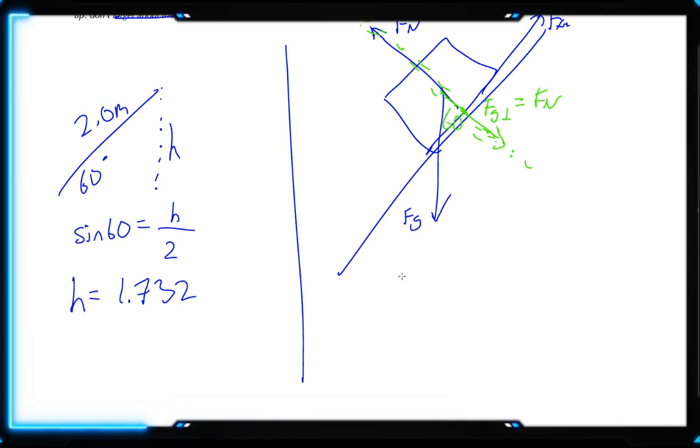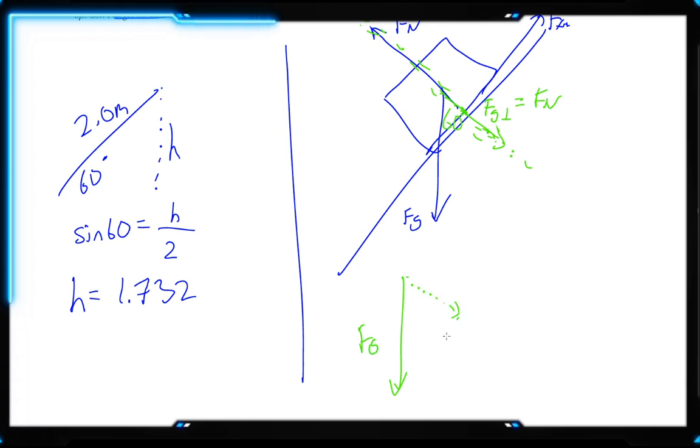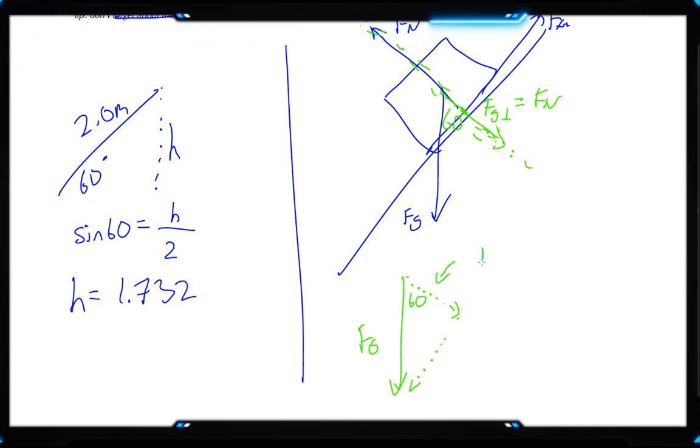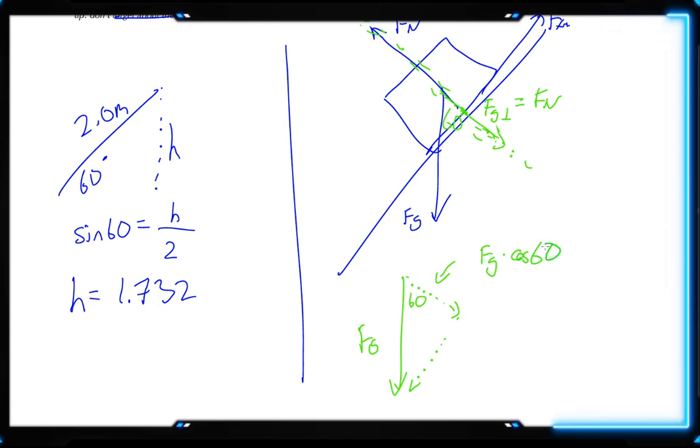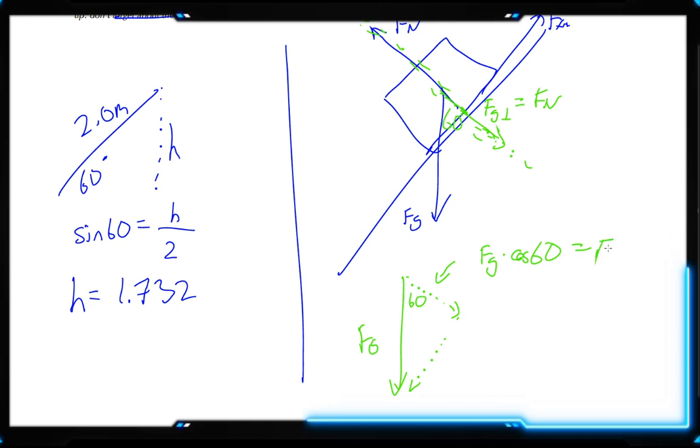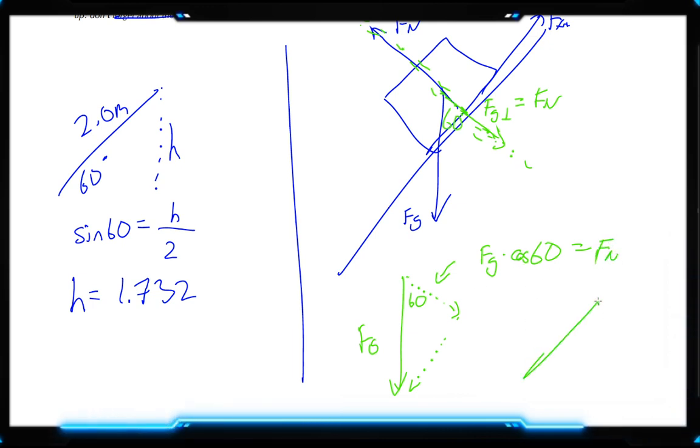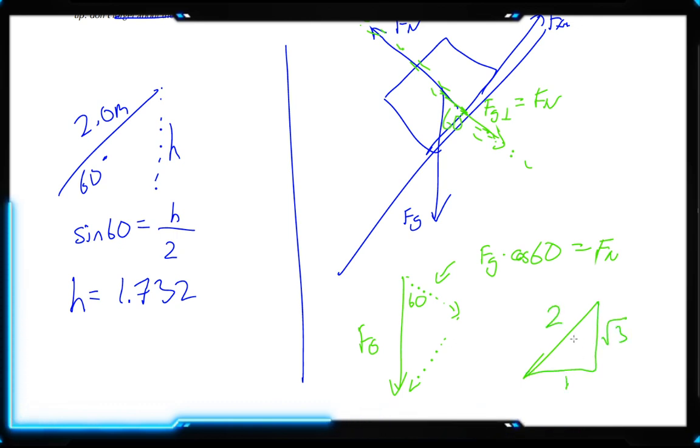So in this triangle, we have the gravity, the component of gravity this way, and the component of gravity this way. This is the 60. That guy is Fg times cosine 60. It's the adjacent side. So then our Fn is Fg cos 60. For cosine of 60, we write the triangle 1, root 3, 2, with 60 here. Cos 60 is half. Then Fn is just 50.